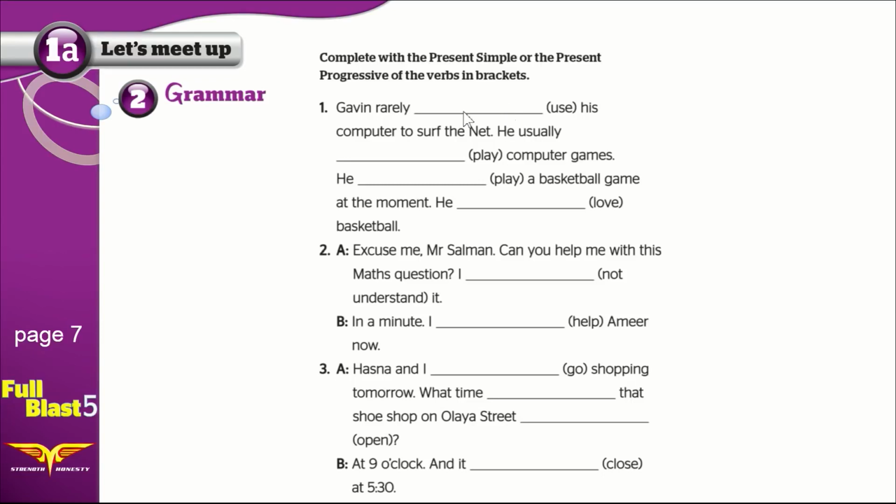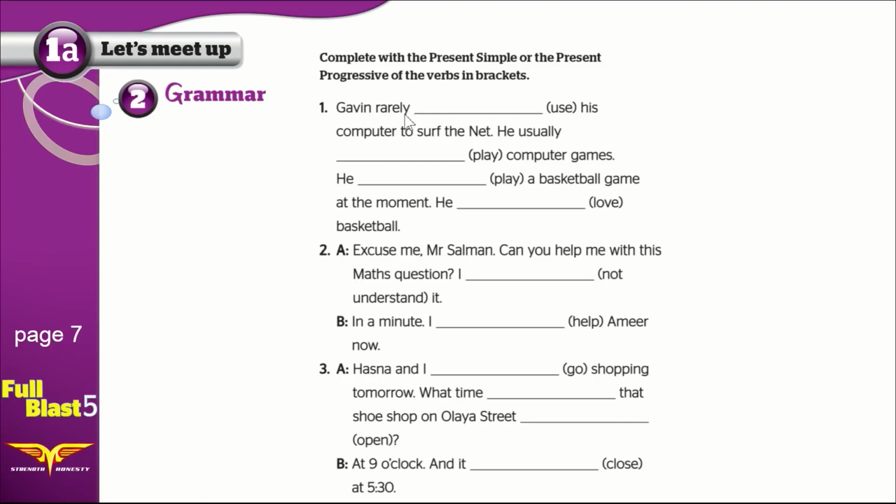First of all, we have to decide if we should use present simple here or present progressive. It will help a lot if we can find a signal word or a time expression that can tell us if we should use present simple or present progressive. Do you see rarely here?